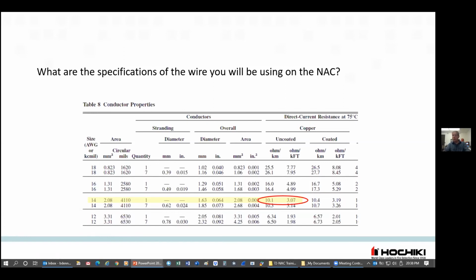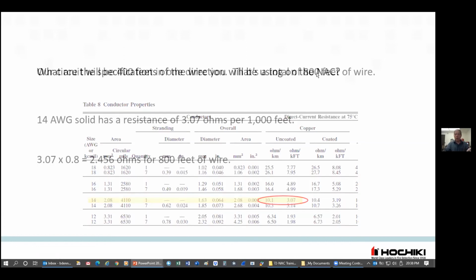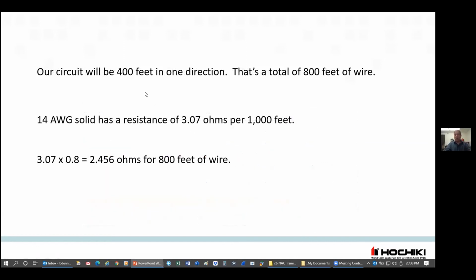Well, our circuit's going to be 400 feet in one direction. That's 400 out and 400 back for a total of 800 feet of wire. I only need 80% of 3.07 ohms per 1,000 feet, so 3.07 times 0.8. My wire will have 2.456 ohms for 800 feet of wire.